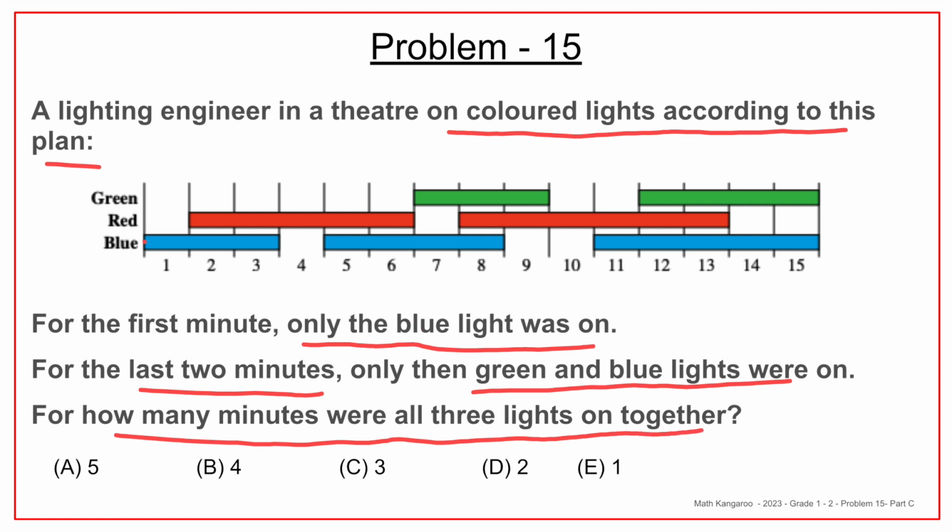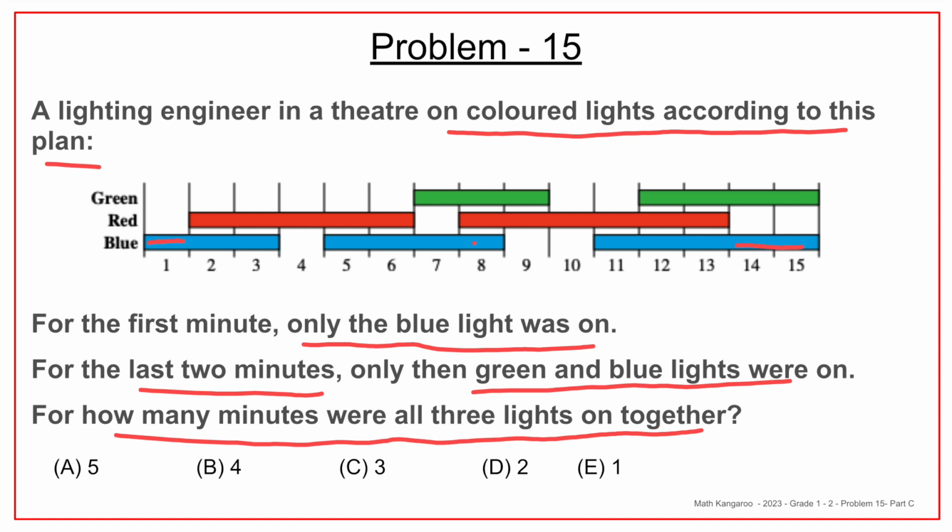So for the first minute, only the blue light was on. The last 2 minutes, only the green and blue lights were on. So this area represents a minute. That is what we know from the question. Now we have to find how many minutes were all the 3 lights on together.